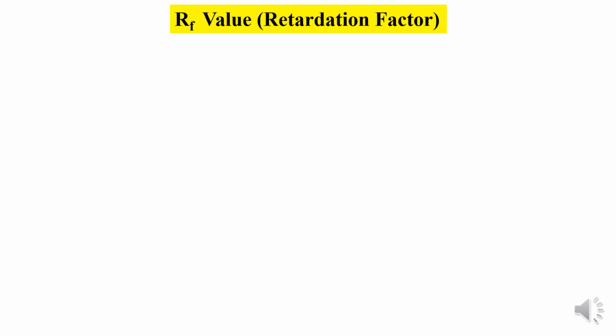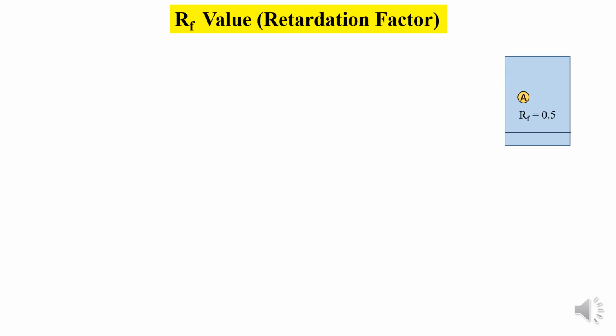RF value is used for qualitative analysis, that is for identification of the given sample or a compound. And the RF value is constant for the given sample or a chemical compound, for a given combination of stationary and mobile phase.